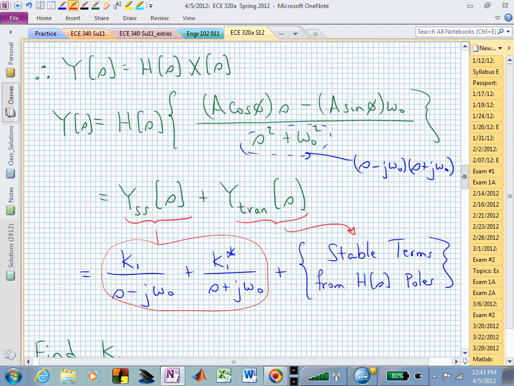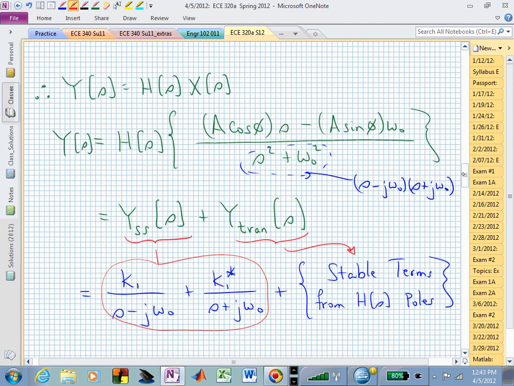We can then think of this entire collection. Remember, capital H of S could have all sorts of stable poles, and those don't have to be real. They could be complex. But H of S, all of its poles are in the left half plane, which means that they have these decaying exponentials associated with them when we take them into the time domain. They have these e to the minus sigmas.